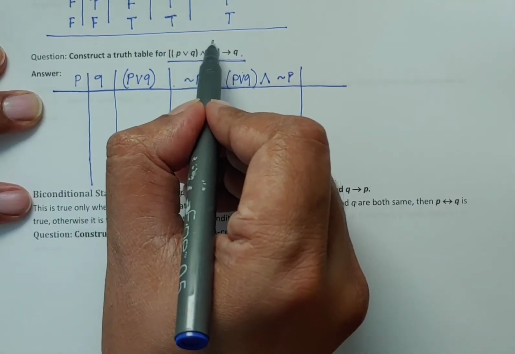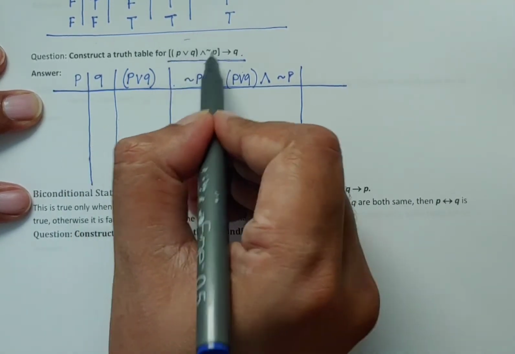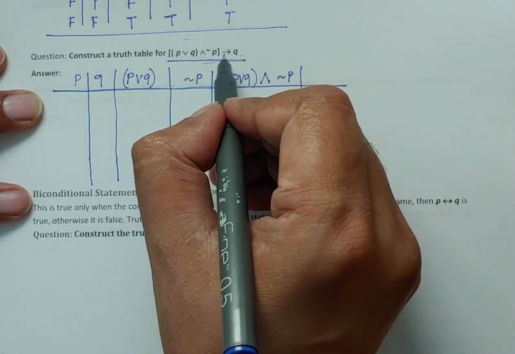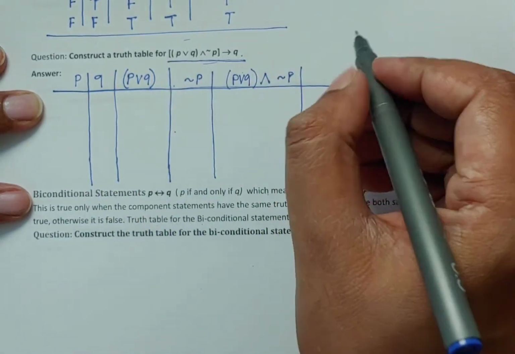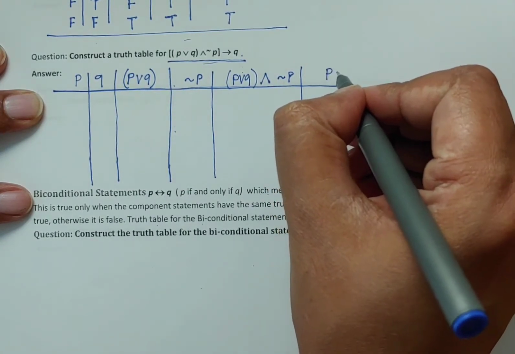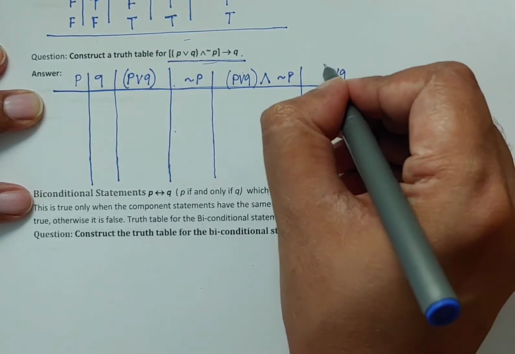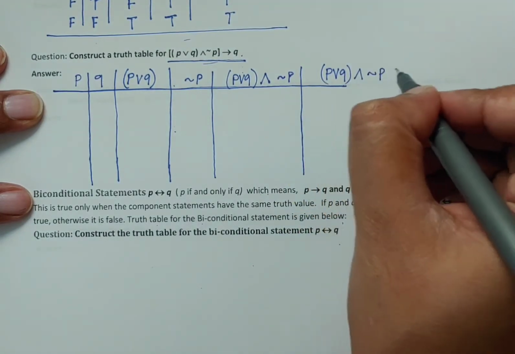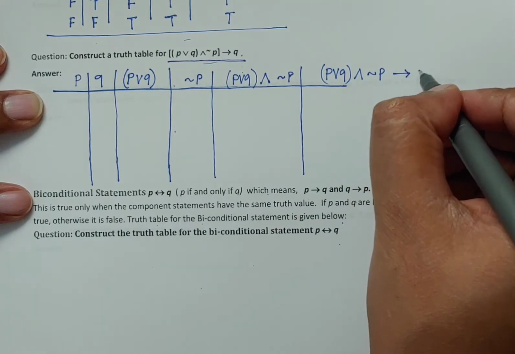So I get up to this part. Now finally I will find this, P or Q and negation of P implies Q.